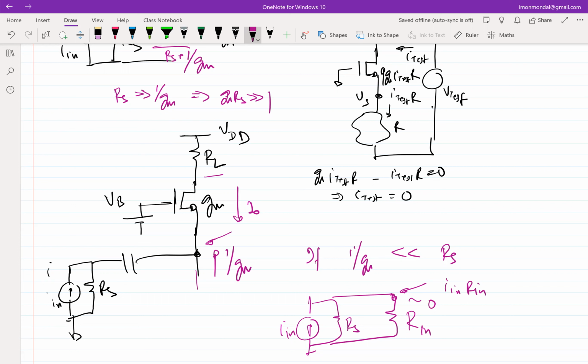Because by using some contraption, you have ensured that the impedance has gone down. It has not gone down to 0, but in an extreme case, you can say that I'll make 1 over GM much smaller than RS. Then obviously you can assume that this is not moving as it would have moved if 1 over GM was not there. Okay. But coming back to his question, putting a short circuit there will not suffice.